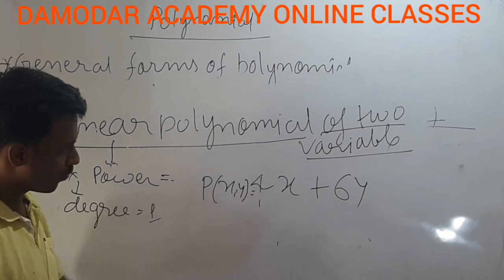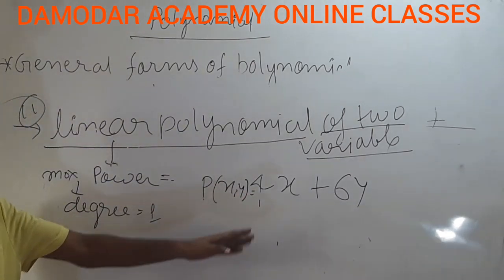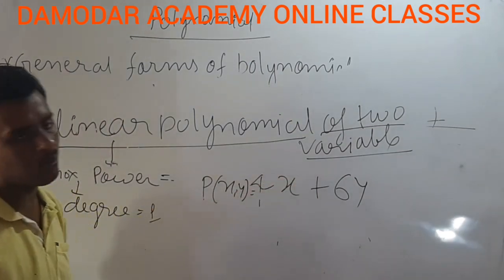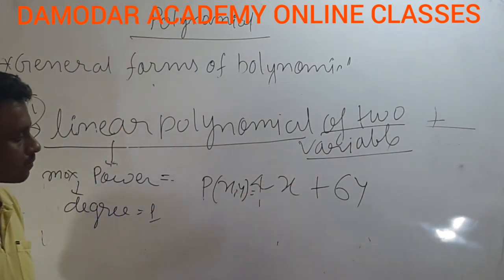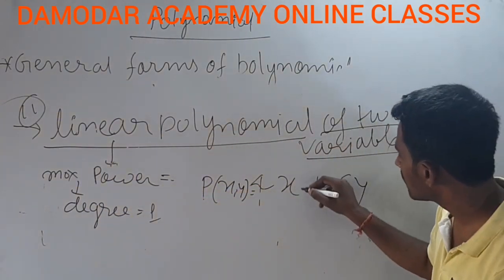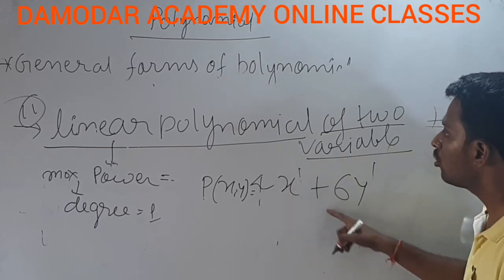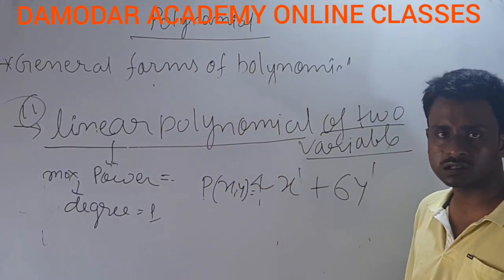This is the way to write the polynomial. P(x, y), where x and y are the variables in that polynomial. Okay? Now check it. For this, the power is 1. For this, the power is 1. That means this polynomial is an example of a linear polynomial.